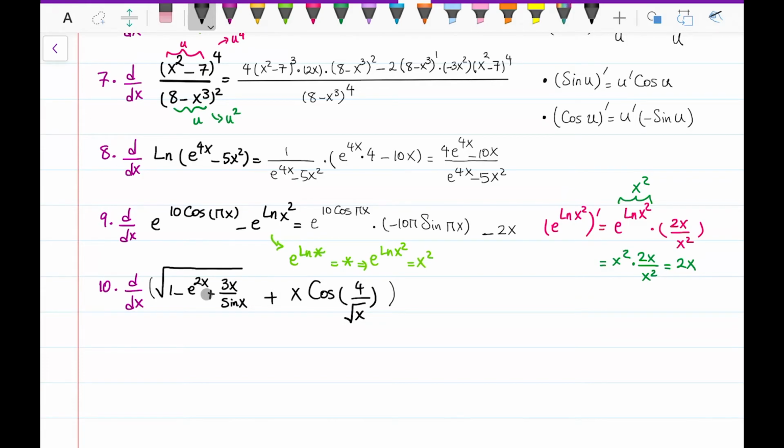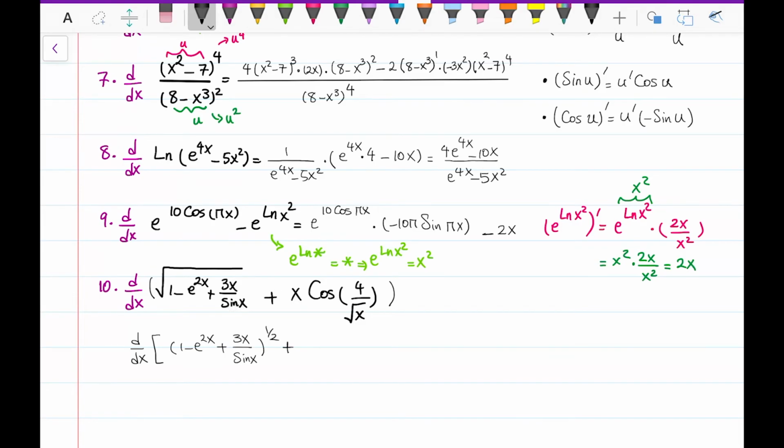Let me rewrite this function as d dx of 1 minus e to the 2x plus 3x over sine x, to the power of 1/2. As we explained before, any square root, you're going to write as something to the power of 1/2.